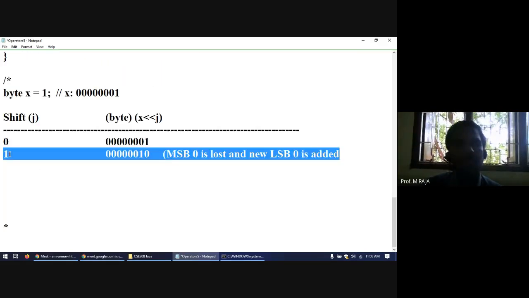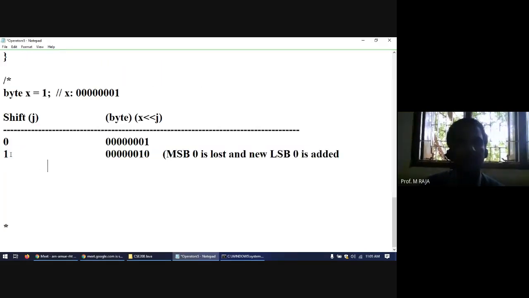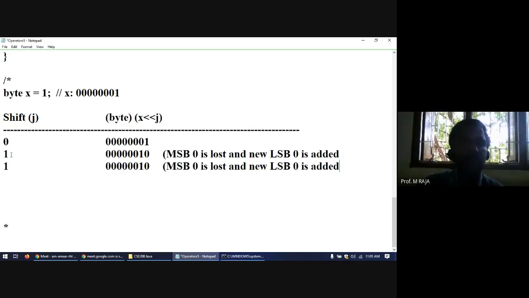Now in the second shift, shift number 2, twice we are performing the bitwise left shift operation. So in this case, what happens? Already we have performed the bitwise left shift operation one time. This is the result. If you perform the bitwise left shift operation on these bits one more time, what about this MSB, the most significant bit?